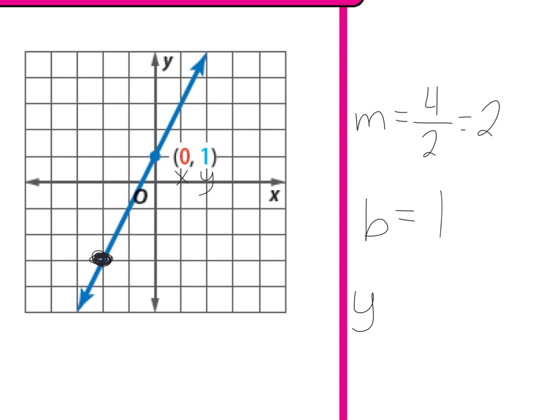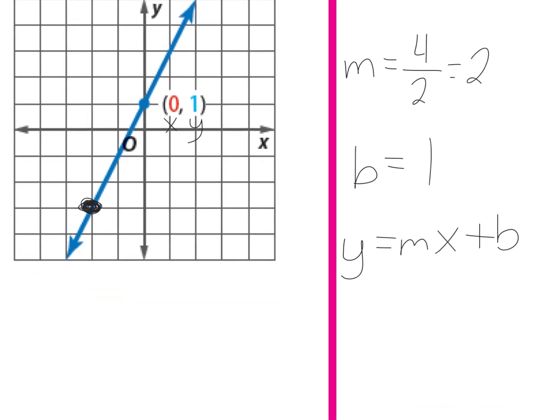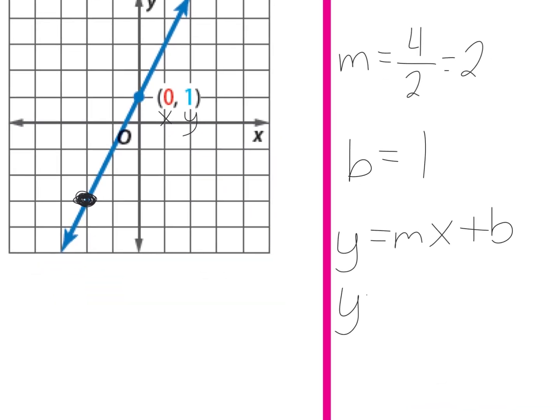Don't forget the y. Y equals mx plus b. Do we have the two most important pieces? Yes, so plug it in. Y equals, what's our m? 2x. What's our b? Plus 1. So that equation we just created is this line.